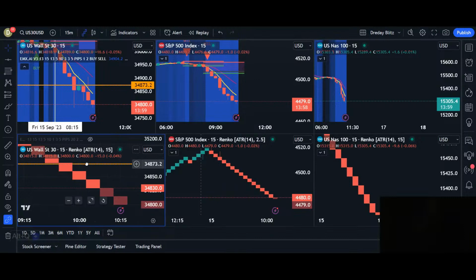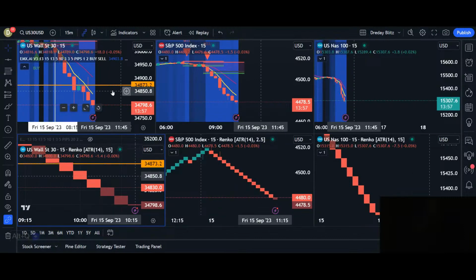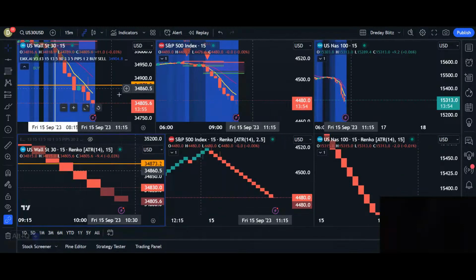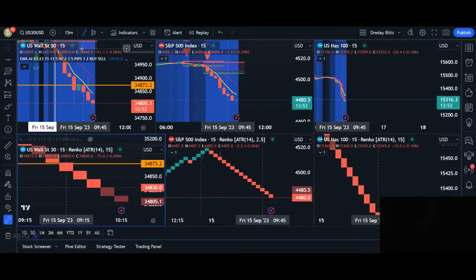So based on that, that will be our trailing right now. So we will be still in the trade right now in the downside. Same thing for S&P 500 and NASDAQ.